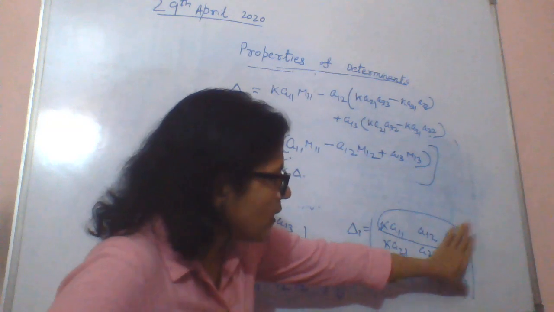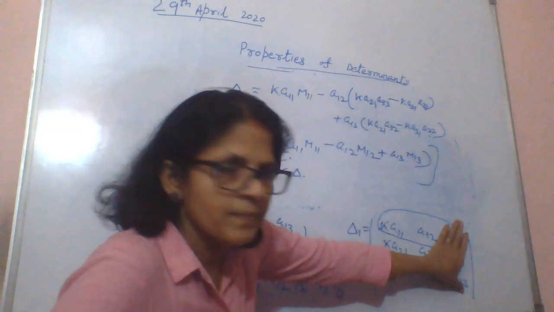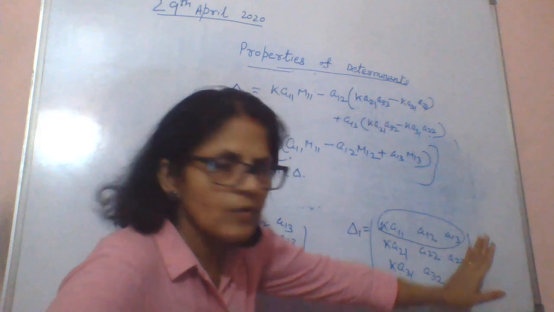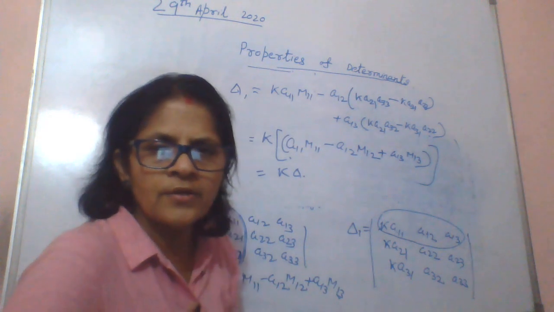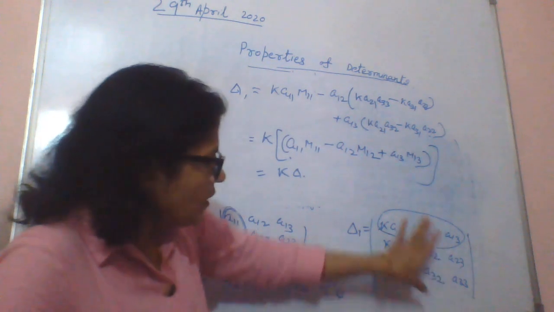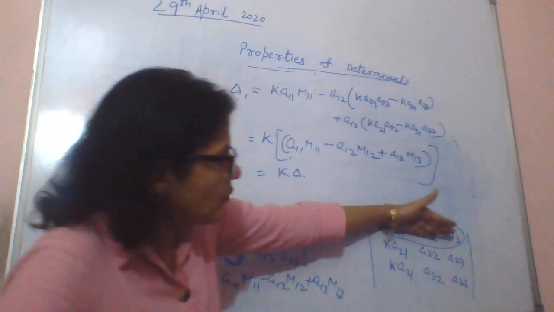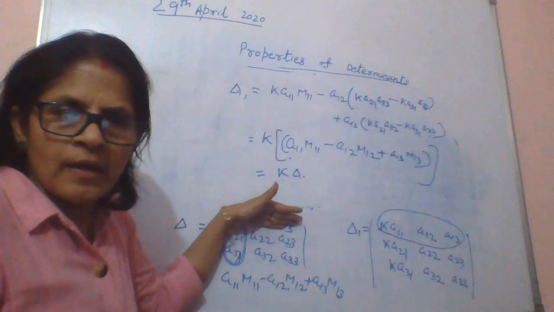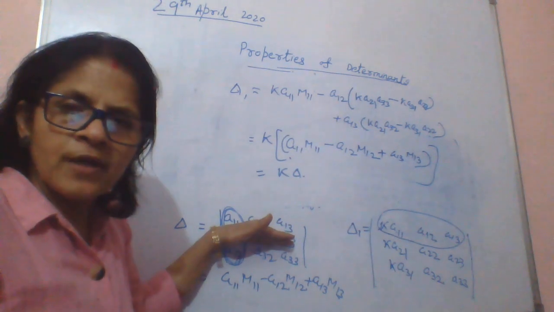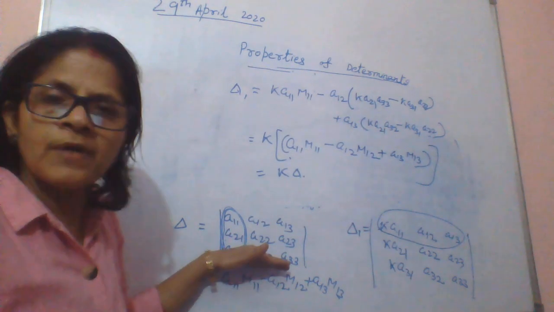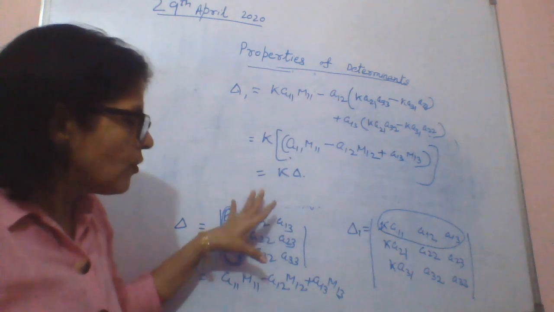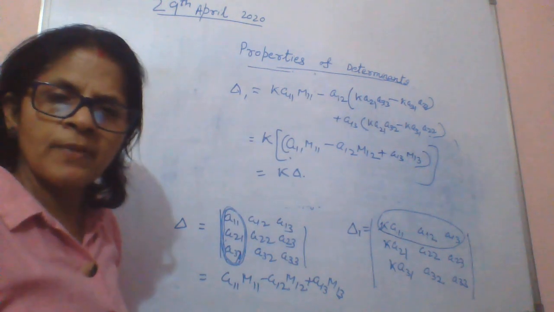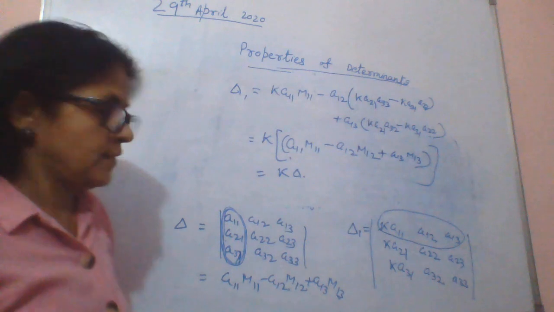If I multiply a third, the whole thing will be multiplied by K into K into K. Or in general, if the first row is multiplied by A, the second row by B, the third row by C, the whole determinant will be multiplied by A into B into C.